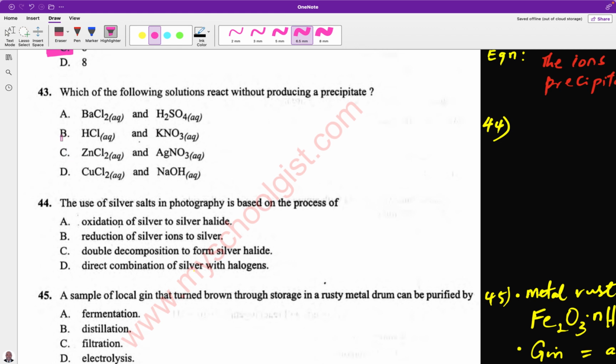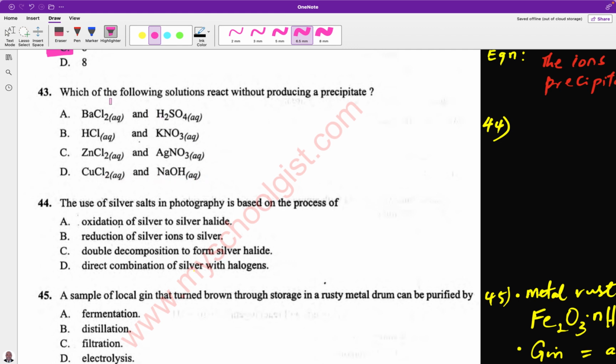Now, for hydrogen chloride and nitric acid, they may not be precipitated here because I see the number of ions are almost the same. Let's go to C. Precipitate is formed. Zinc chloride plus silver nitrate, precipitate is formed. Copper(II) chloride and sodium hydroxide, precipitate is formed.